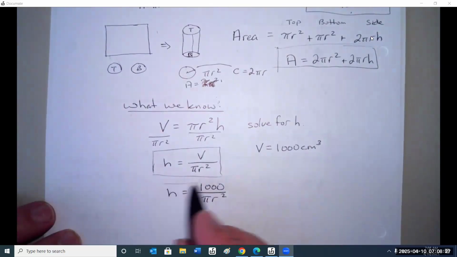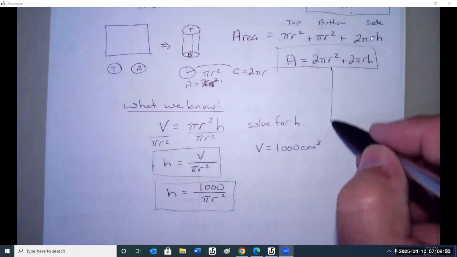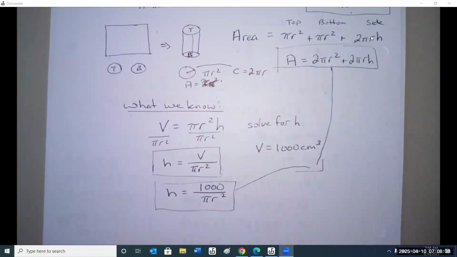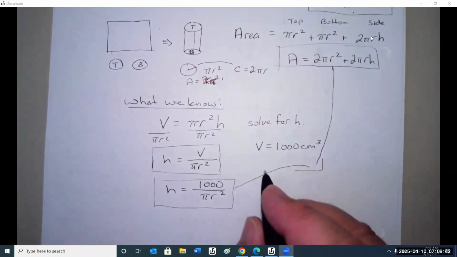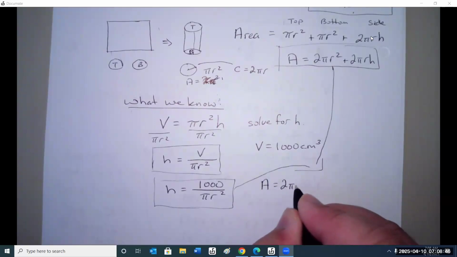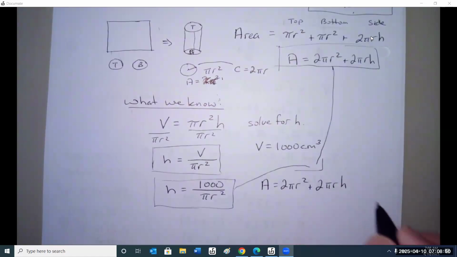So there's our formula for h that we're going to use in our equation. So we take this equation and this conversion and put them together. So we have area equals 2 pi r squared plus 2 pi r h.